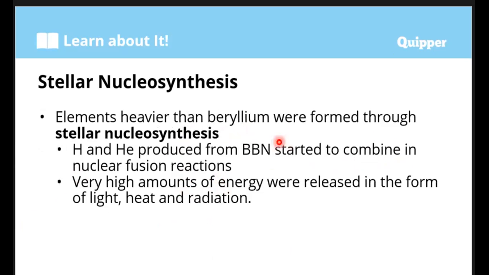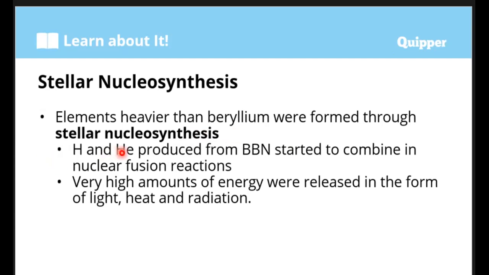And elements heavier than beryllium were formed through stellar nucleosynthesis. Take note, as I mentioned, as the universe expands, it forms light elements, and the heaviest among the light elements is beryllium. But this beryllium could become heavier when a star is formed, through the process of stellar nucleosynthesis.